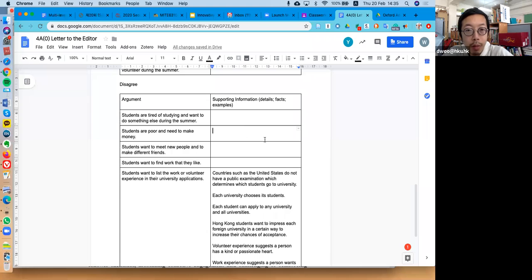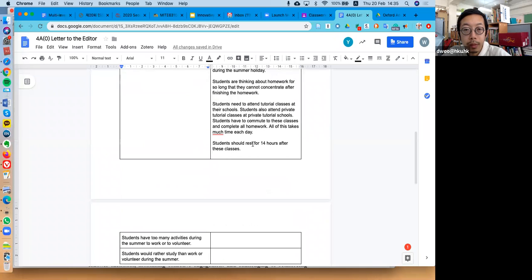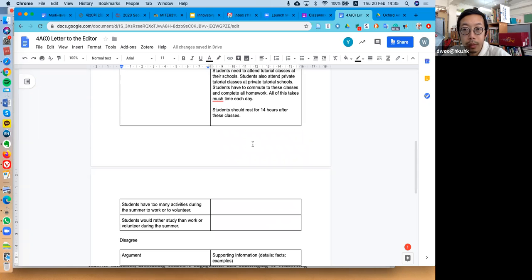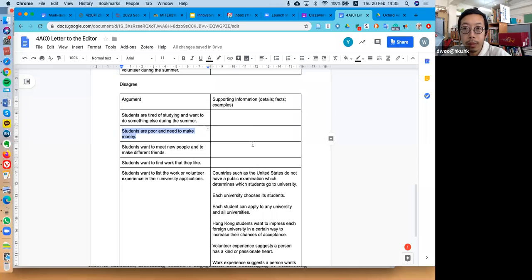Let's do this one. Students are poor and need to make money. What's some information that we can provide to support this argument? Carmen, Chloe, Kaylee? Nancy, Mandy?